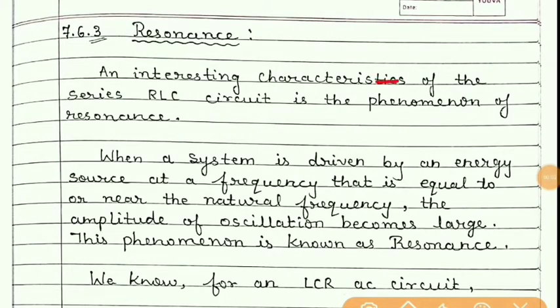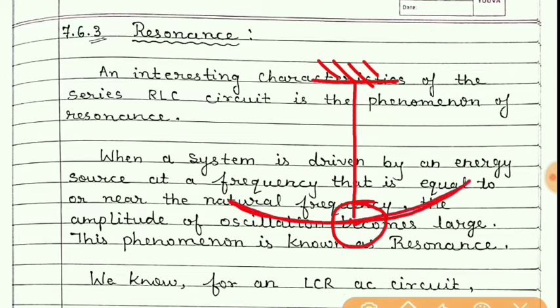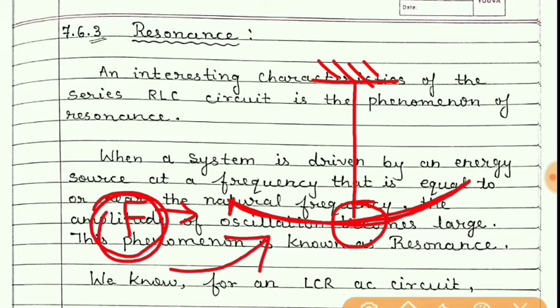Now students, we know that a simple pendulum has its natural frequency of oscillations, so it will oscillate with its natural frequency. But if an external force is applied to this simple pendulum, with a frequency equal to the natural frequency, then what will happen?